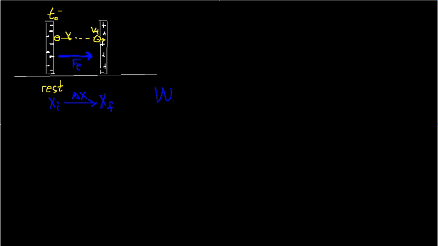So the work done by the electric force is going to be the magnitude of the electric force times the displacement, which in this case is the distance, d, that it travels between the plates. And you could calculate that. If you know what that force is and you know the distance between the plates, you can find the work done by the force.